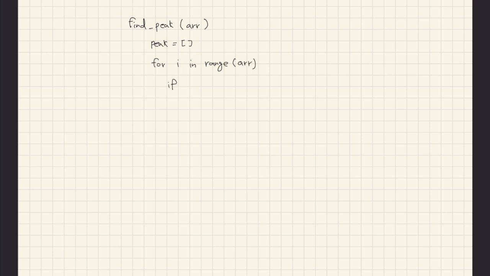And check whether array i is bigger than the max value of the previous array i minus 1 and the next one array i plus 1. And if it is bigger, append to the temporary array, and after the loop, just return the peaks, which will include the position information of the peaks.